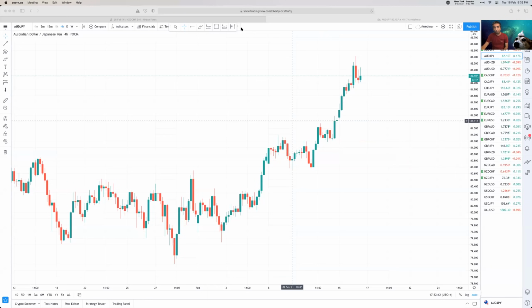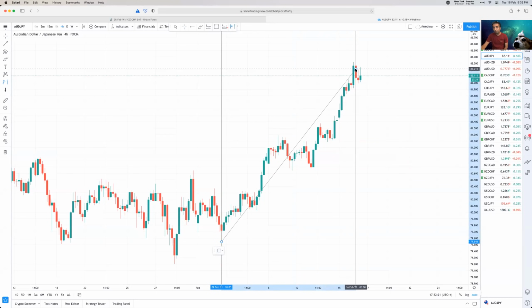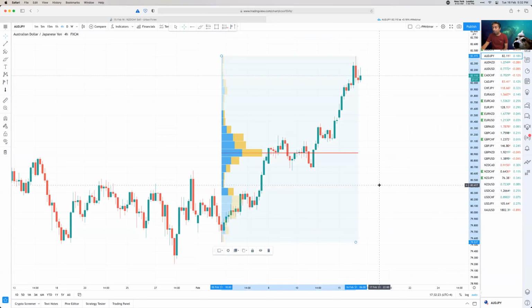On this move up, if I draw my volume profile, where is a lot of the action happening? This high line is called the point of control.